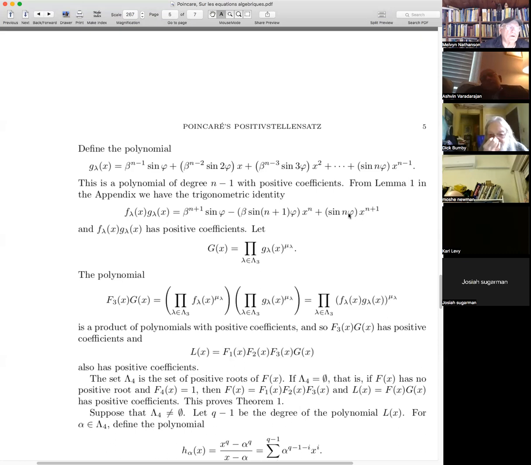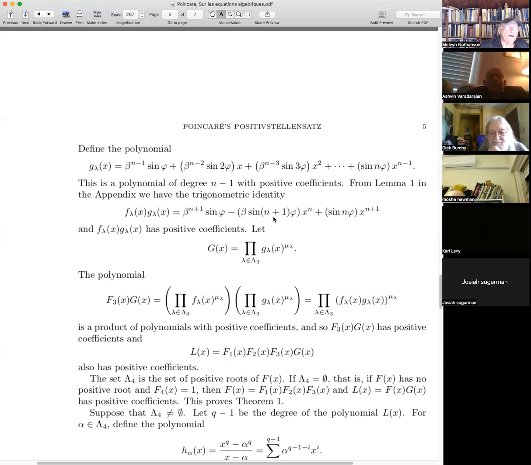You have a polynomial with sine n phi, remember that's a strictly positive number. So this is a polynomial of degree n plus 1. It has an x to the n term, and it has a constant term. Beta is positive, sine phi is positive, so this is positive. Sine n phi is positive, so this is positive.